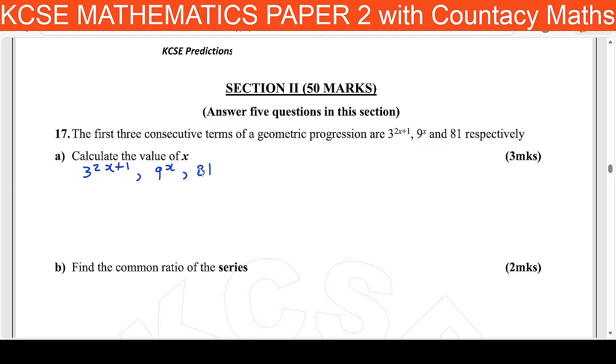Same case, once you divide 81 by 9 to power x, it should give you the same result as 9 to power x divided by 3 to power 2x plus 1.